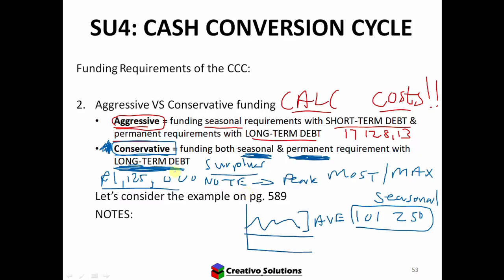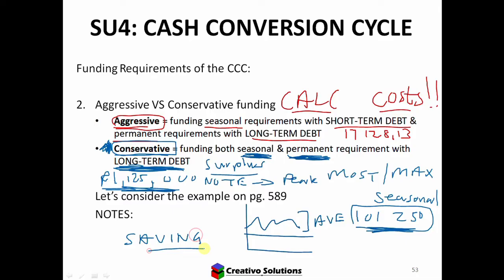So when you're looking at this conservative approach, you're funding everything, which is the total, and there are obviously going to be some seasonal requirements needed. So if you're looking at the earnings, in other words, the average, how much are you going to be saving? Remember, saving is looking at that additional surplus that you're going to be investing.